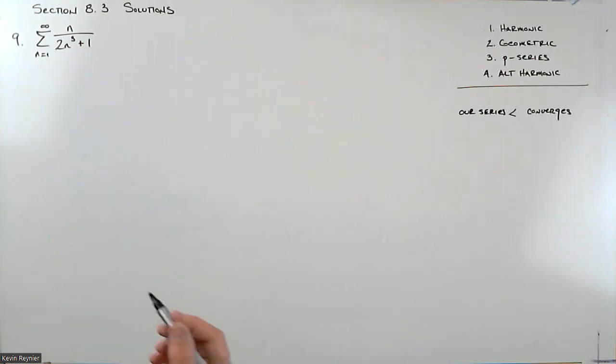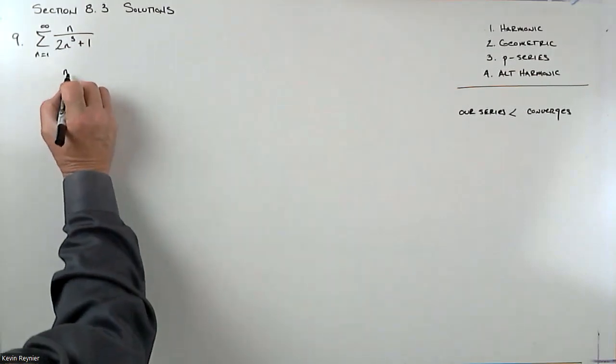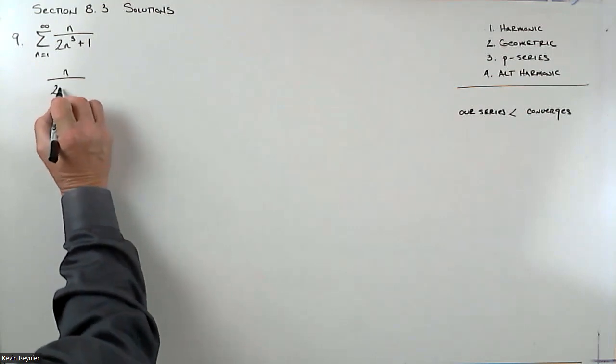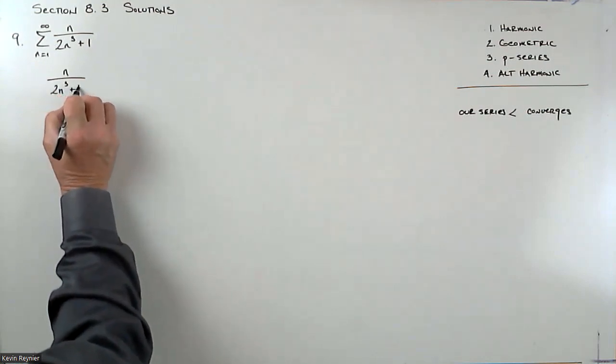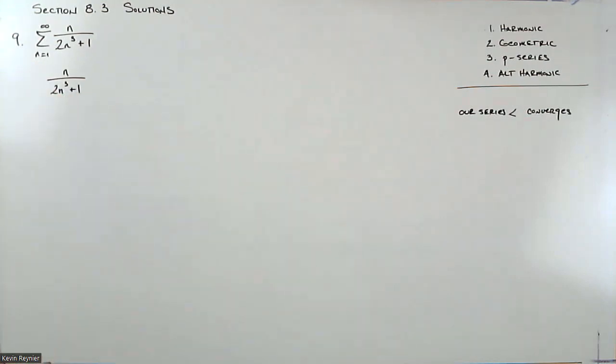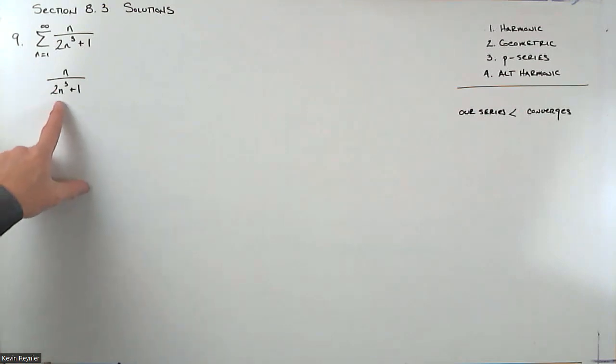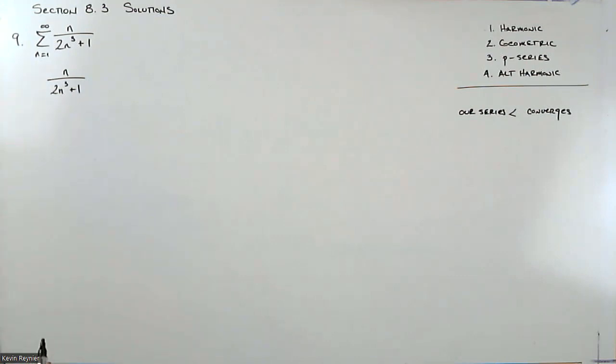And so we start by playing with this, right? We take our general term, and we ask ourselves, okay, what do we know about this? Well, it's a fraction. We know when we make the denominator bigger, we added 1 here, for example, we make the fraction smaller.